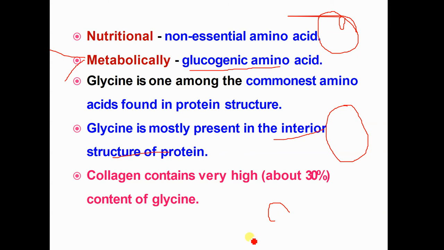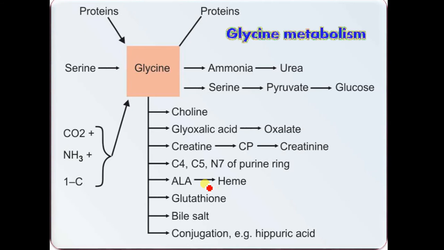In collagen, the most abundant protein, it constitutes approximately 30% of the total quantity. And this is the overall metabolism of glycine, where the sources and important elements produced from glycine are mentioned here.